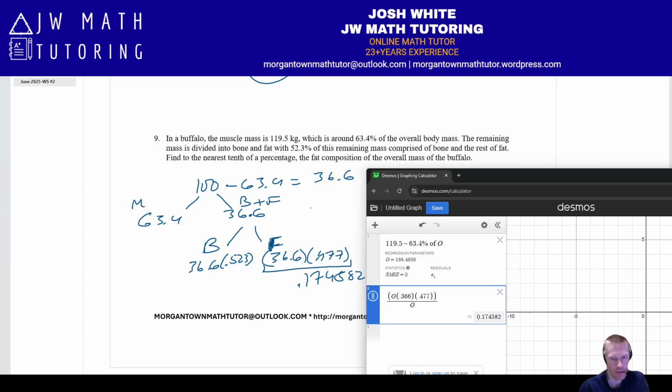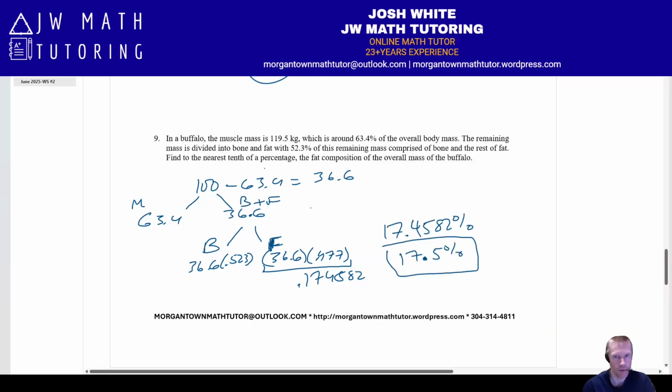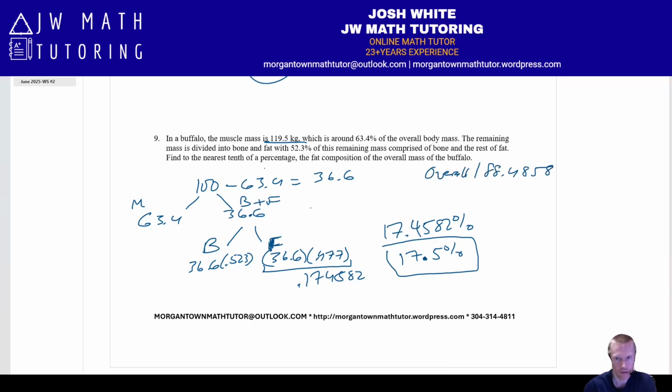But basically, what I'm doing is I'm using this number to calculate the overall body mass first. All right, that was the 188 point whatever it is, 188.4858. That's the overall mass. Then, I don't take 52.3% of that.